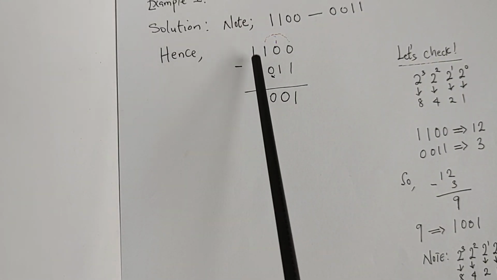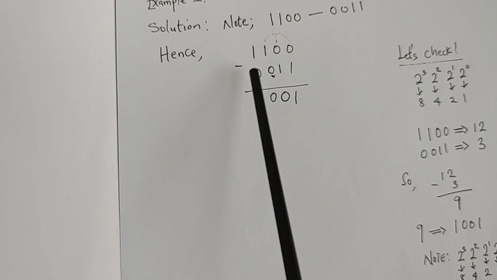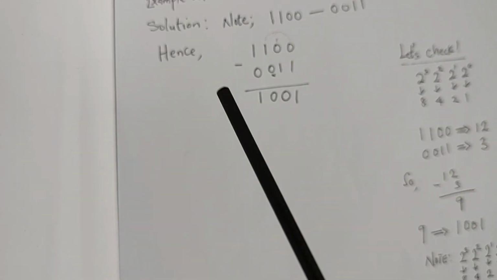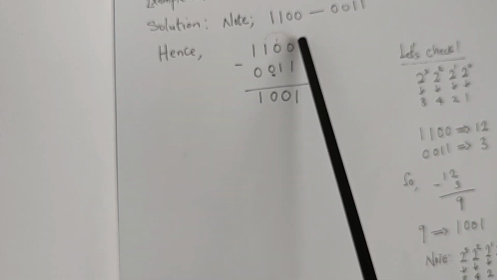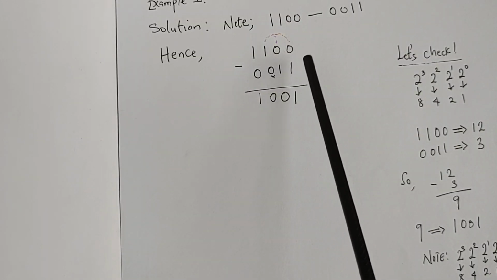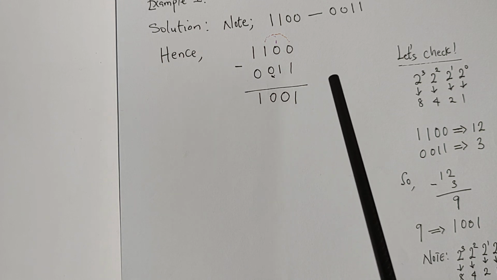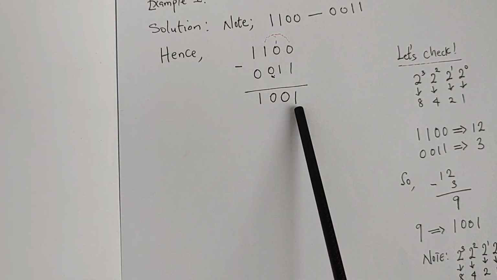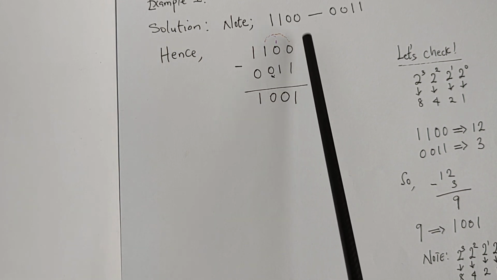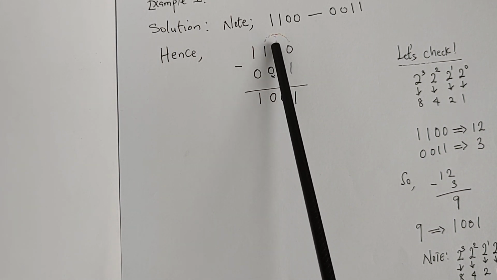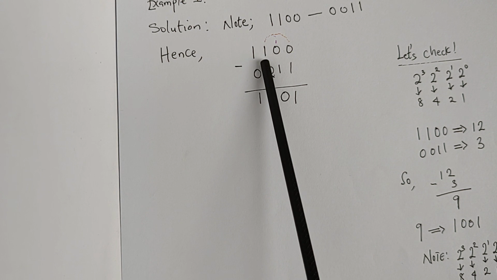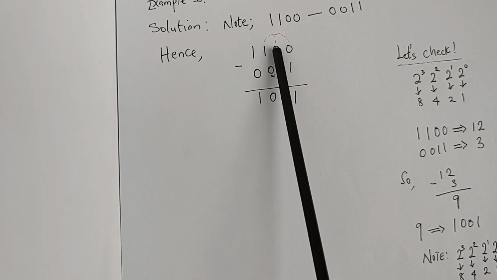Alright, so we have 1100 minus 0011. The first thing we need to do, based on the rules, is 0 minus 1, which is going to be 1 with borrow 1. When we come to the next bit, we have nothing to borrow, it's 0. We need to go to the next bit, which is 1. So we have to borrow 1 from the next bit.